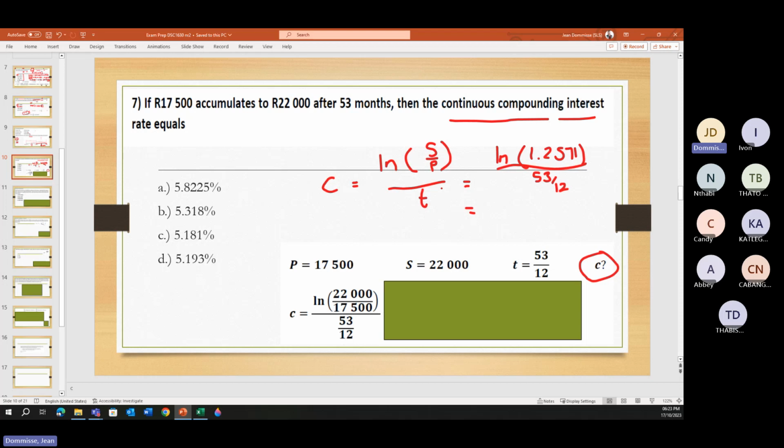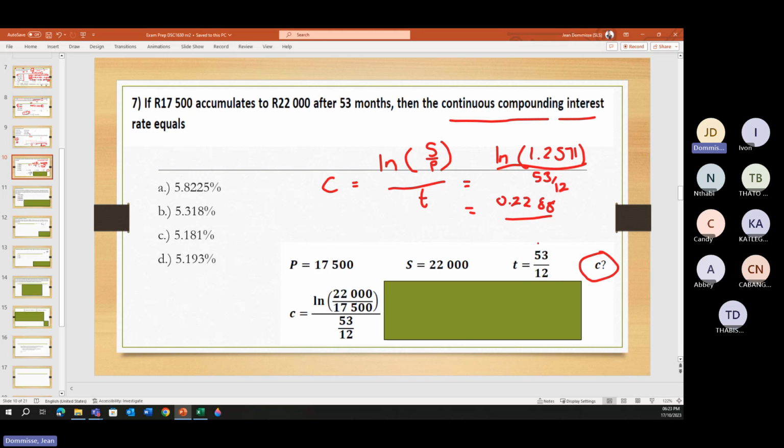So 1.2571 ln on my side is 0.2288. I will divide it by the 53 divided by 12.